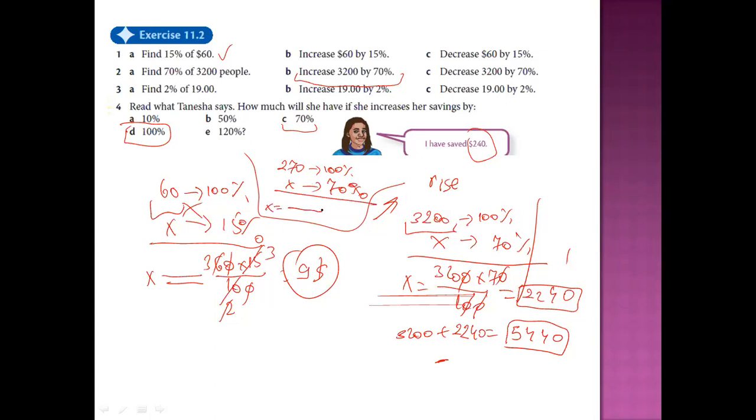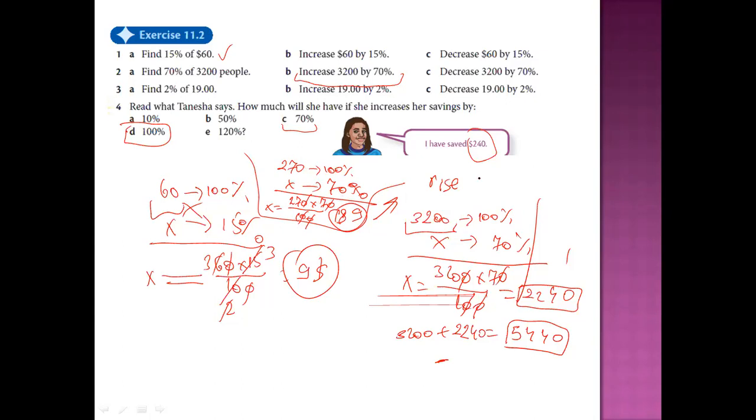X is equal to, the denominator is the opposite of x, 100, and 70 times 270. Zeros direct, you can use the simplifying, and 7 times 27 is 189. It's our 70% of 270.